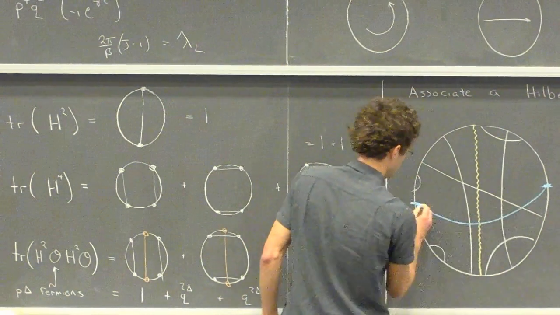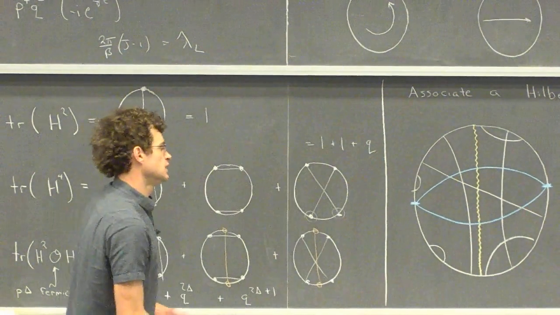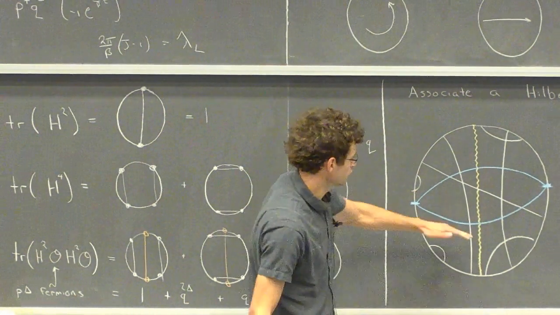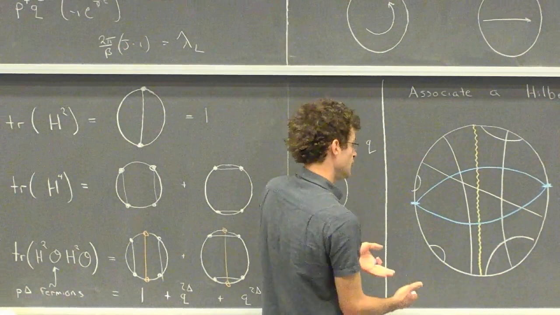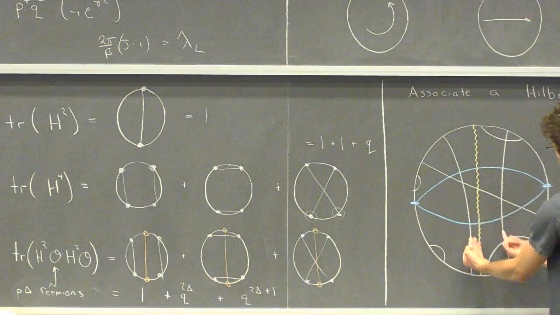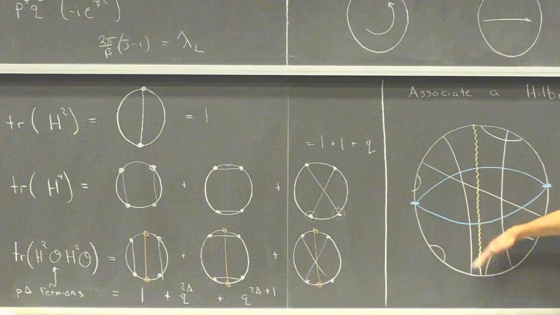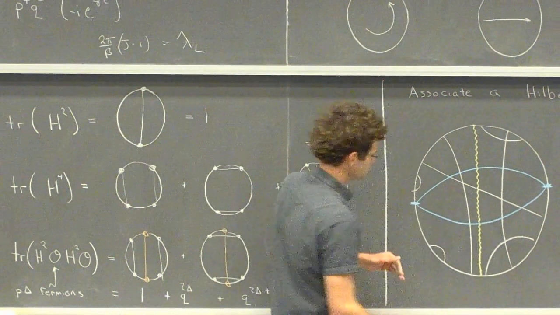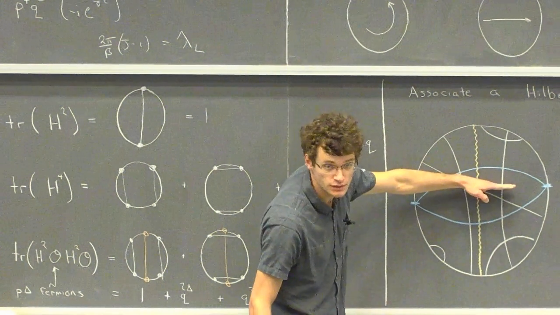And the rule for the cut is like a gauge choice for the type of cut that you can make through the chord diagram. The rule is that any chords that cross your cut cannot have previously intersected each other. So an illegal line would be to draw this line above this crossing.